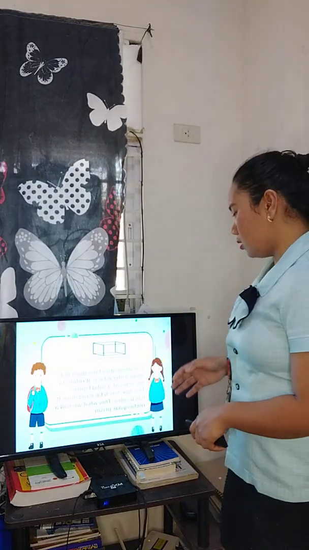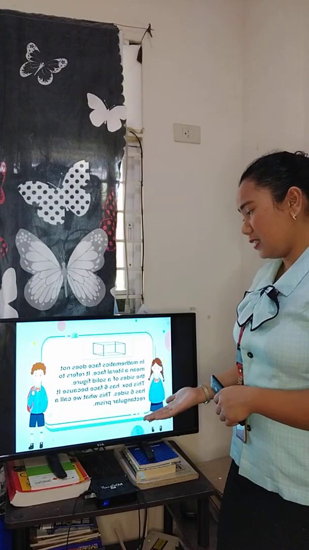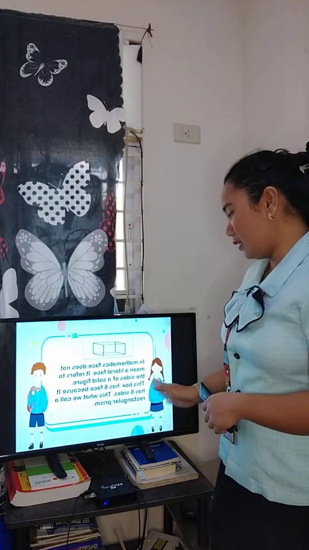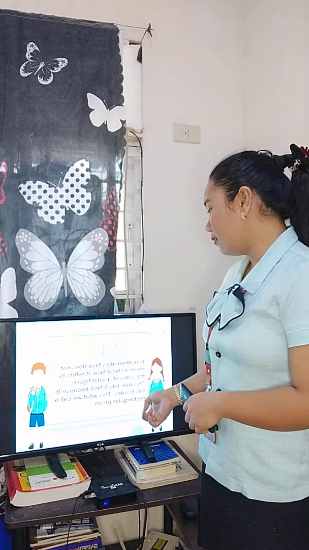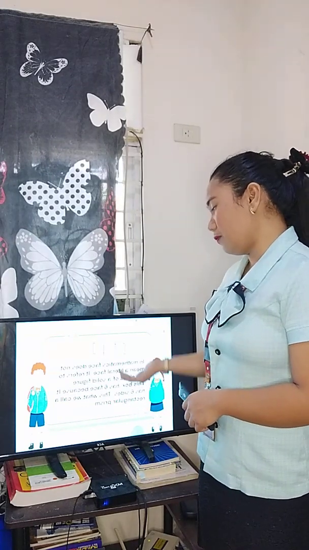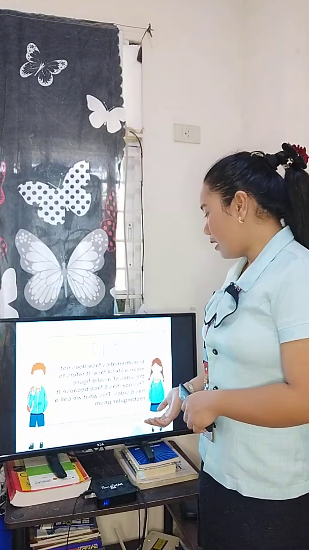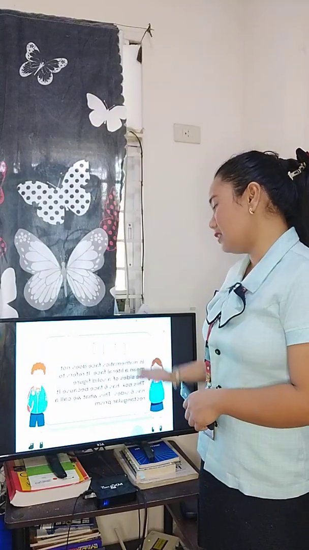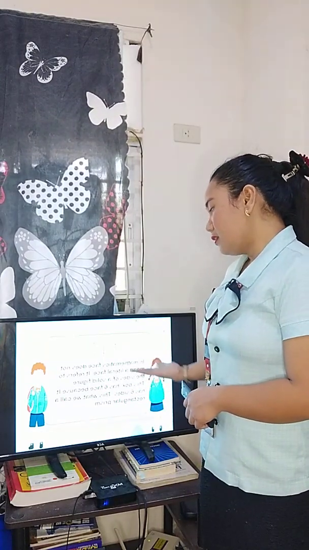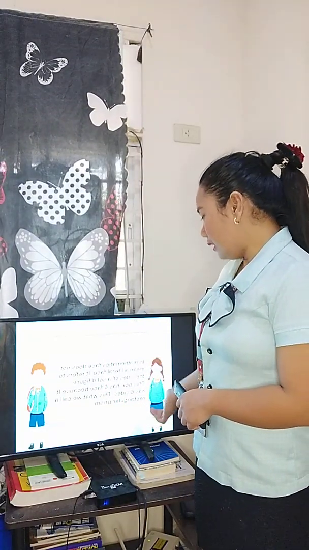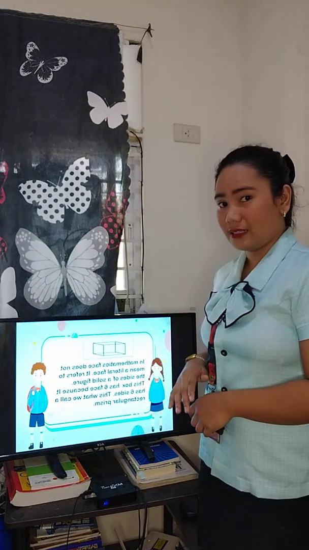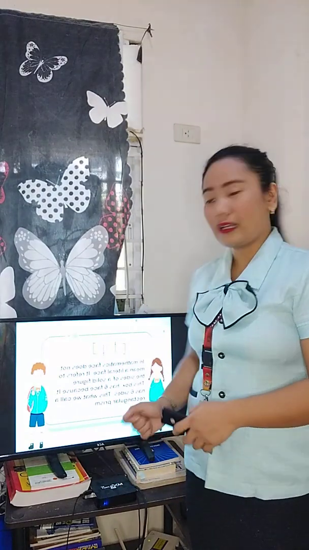Yes, because in mathematics, face does not mean a literal face. It refers to the sides of a solid figure, and this box has 6 faces because it has 6 sides. Okay, class? This is what we call a rectangular prism.